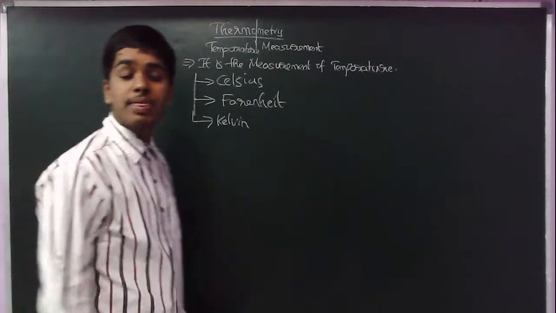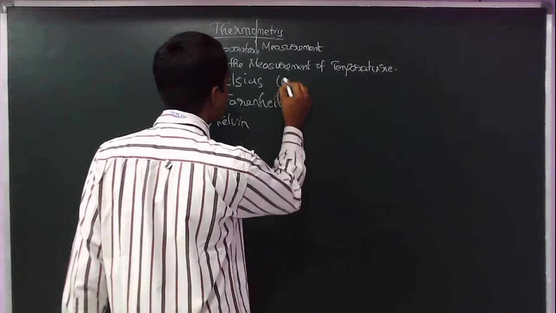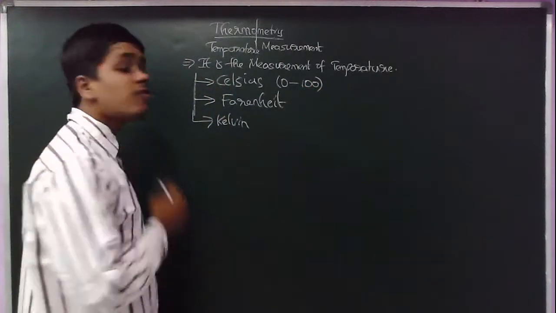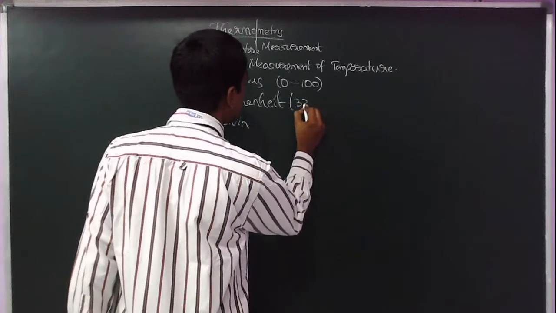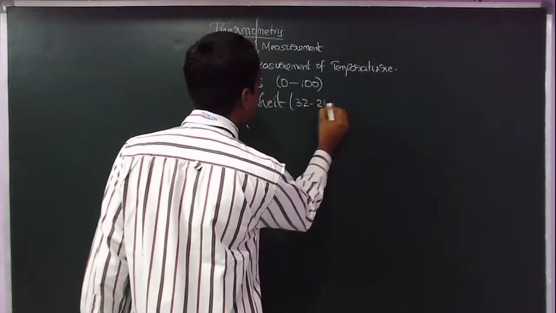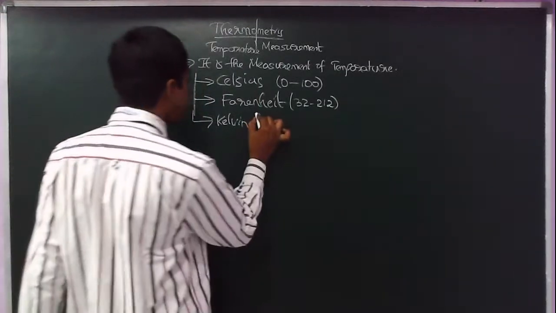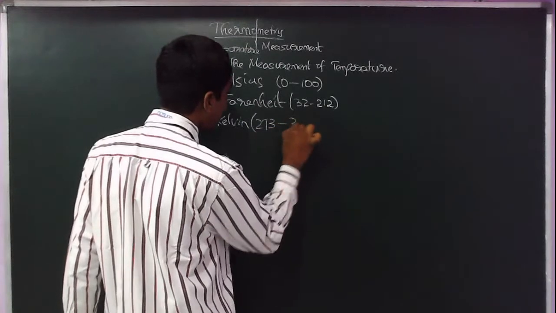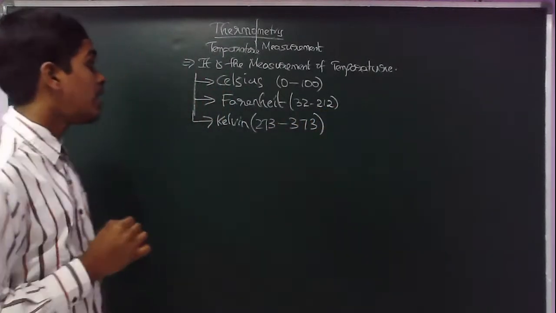Celsius, the range is from 0 to 100, Fahrenheit is from 32 to 212, and Kelvin is from 273 to 373.